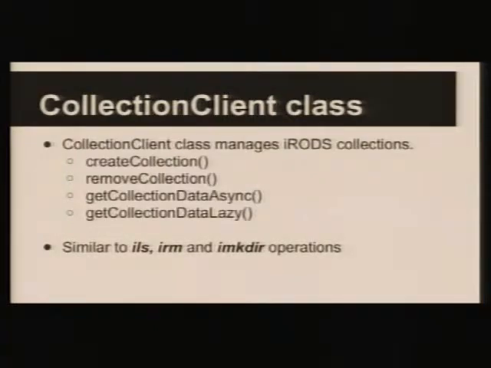For instance, if a collection has more than 1,000 or 100,000 objects, the collection will be fetched piece by piece using this method. Or if the collection is not so big, we can use this method to get the whole amount of objects in a single step. It's similar to ils, irm, and imkdir operations.